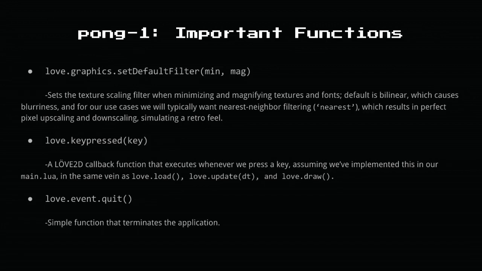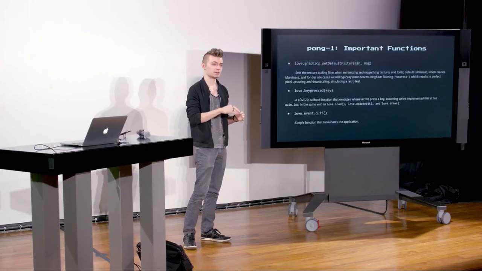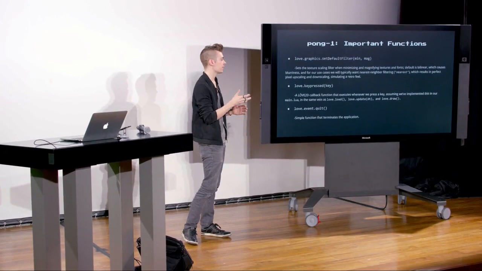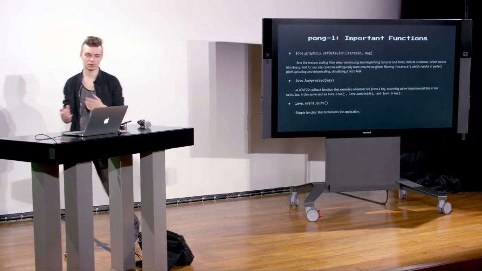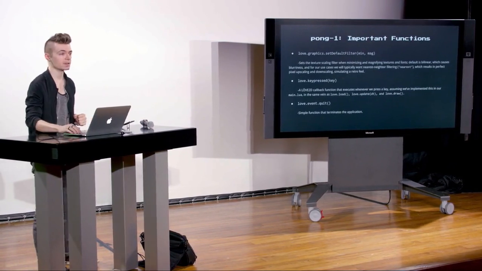love.graphics.setDefaultFilter. The purpose of this function is that every time we have a font or an image in our application, a filter is applied by default, by default a bilinear filter. So the effect of that is basically whenever we magnify or downscale a texture, it's going to assume that we want it to be slightly blurred so as to not look too pixelated, which is good in certain contexts.